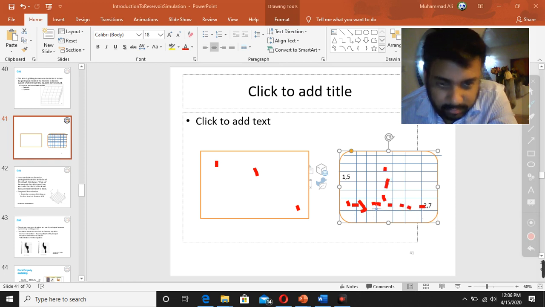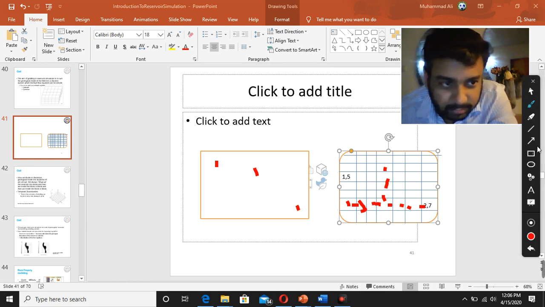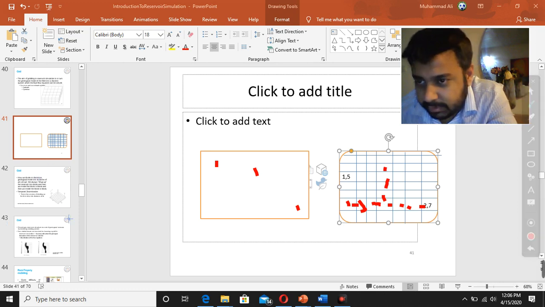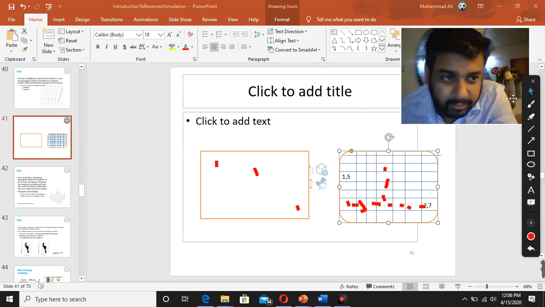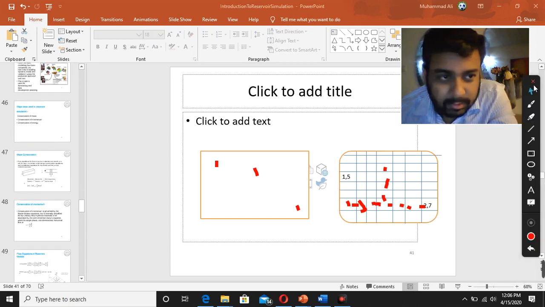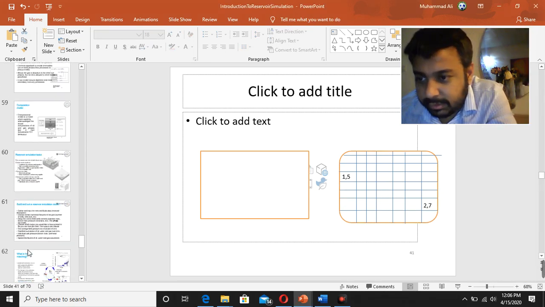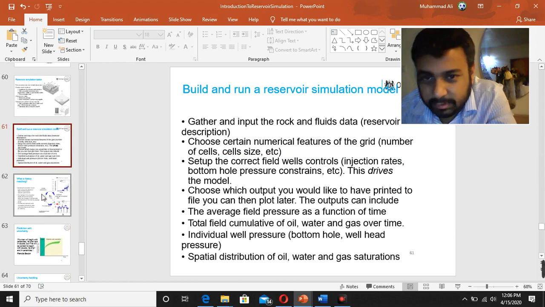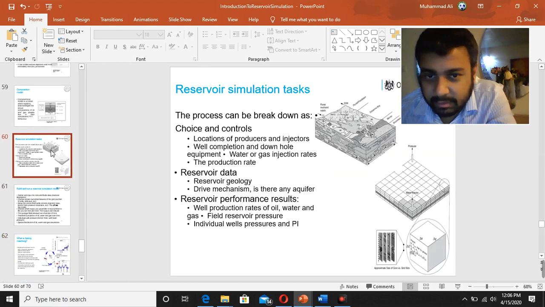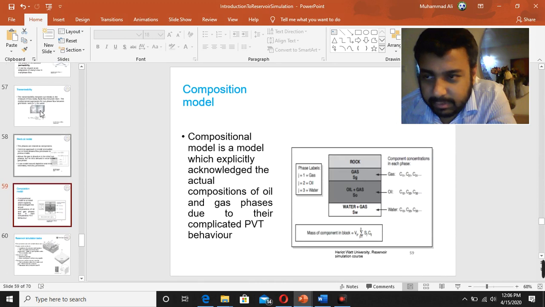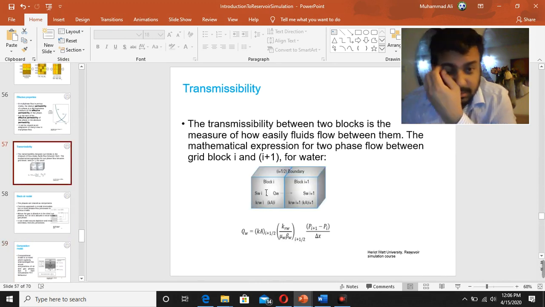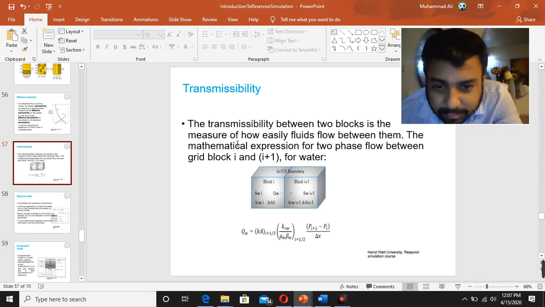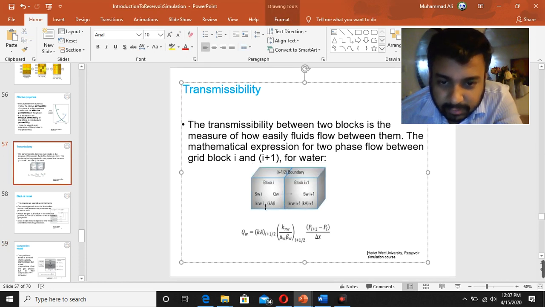We have to define all of it, how it is all behaving. In order to define it, we use what we call the transmissibility function. Transmissibility tells us how we are going to define this section. For example, we have to define the saturation, the flow rates, the permeability, and pressure, and so on.